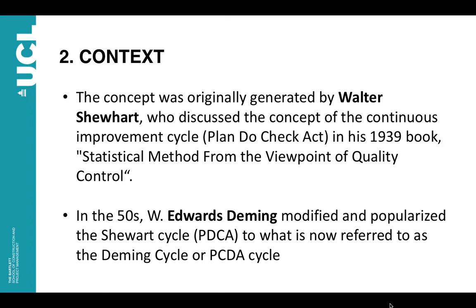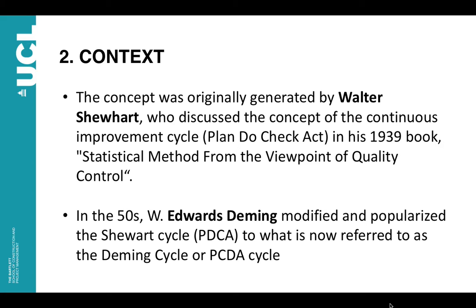In terms of historical context, this concept was originally created by Walter Shewhart, who around 1939 discussed the concept of the continuous improvement cycle in his book Statistical Method from the Viewpoint of Quality Control.